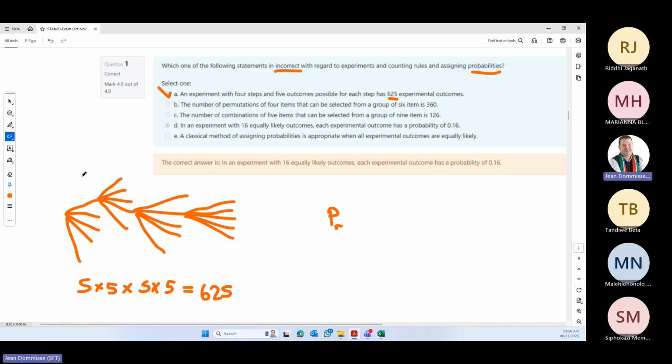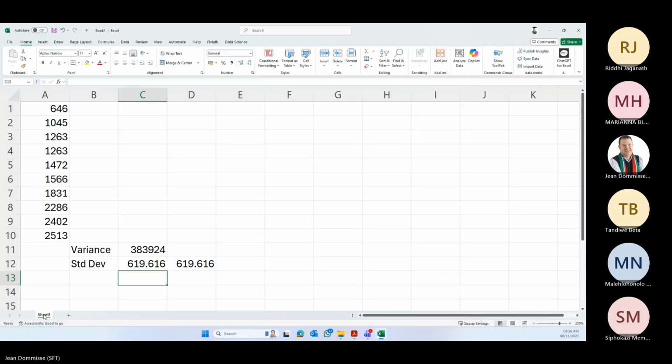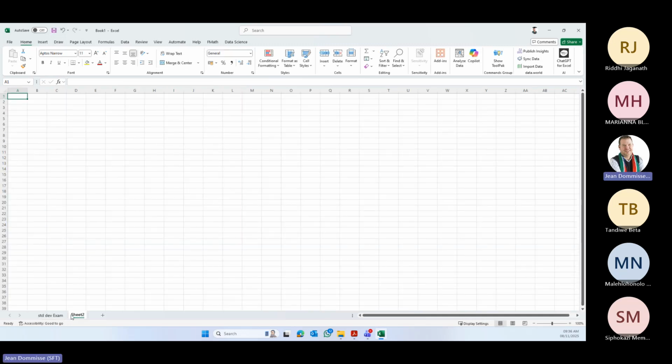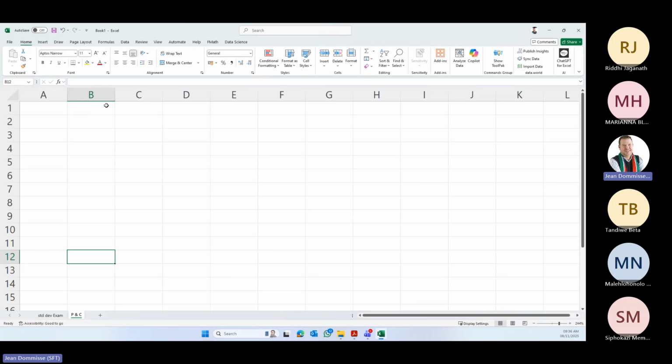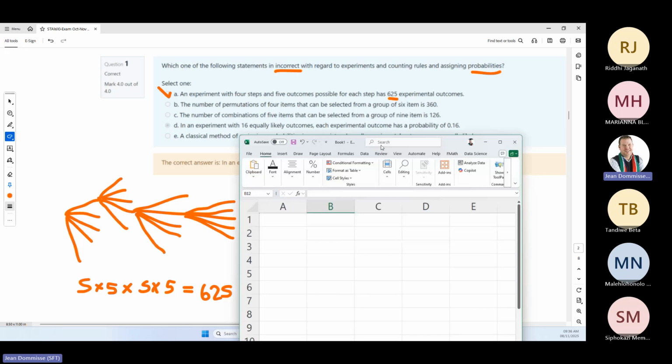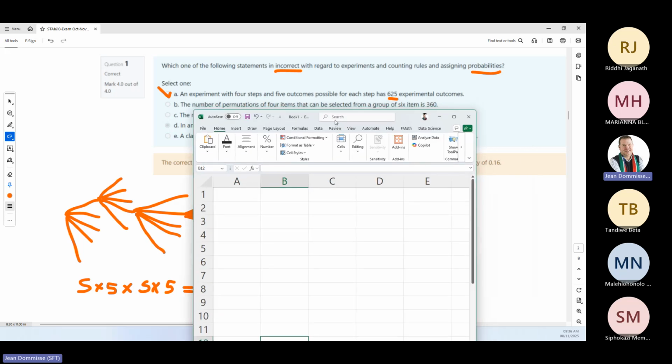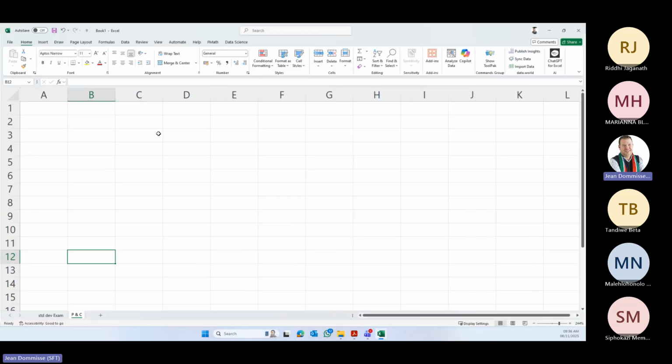I can't even remember how it is written, so let me quickly do it on this one, permutations and combinations. And let's just make it bigger. So 4 items, 6. Okay.